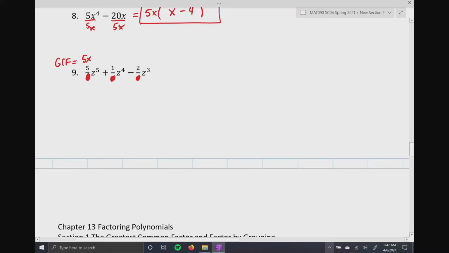Anything in common? 1. But 1 doesn't change anything, correct, Jada? Technically you can always factor out a 1. But how many times do you ever see us write this with a 1 out front? Never. So although I agree with you, we just never write that. All right? Now, let's do it like this.